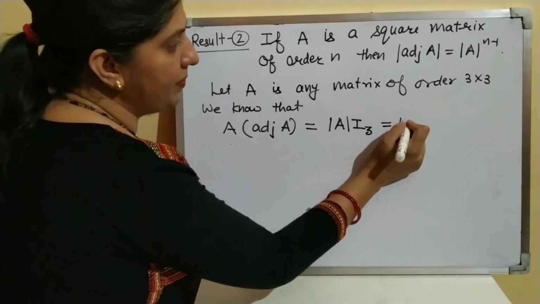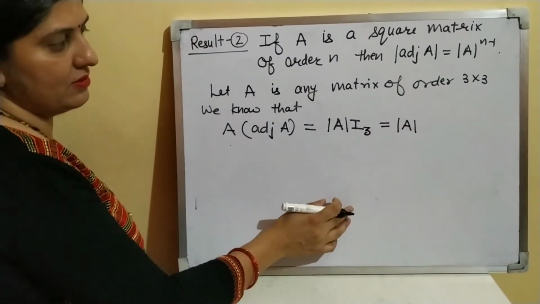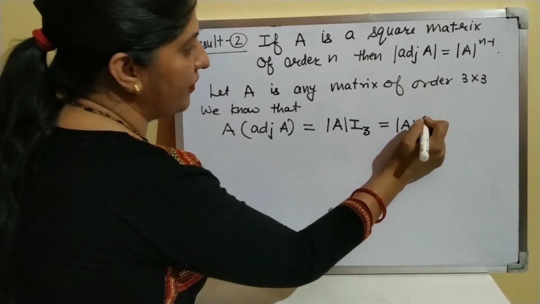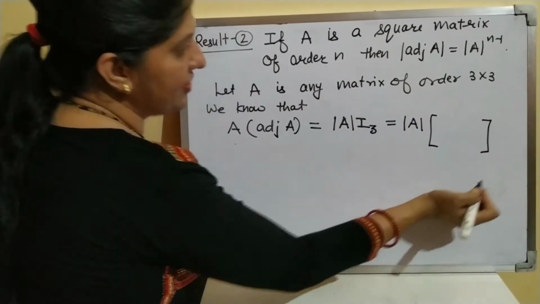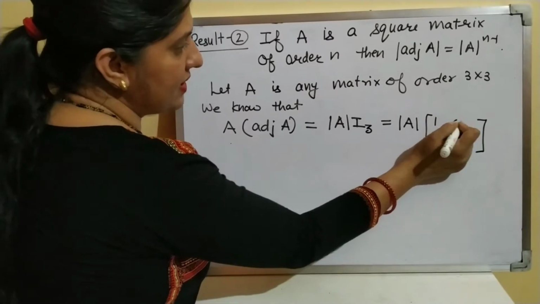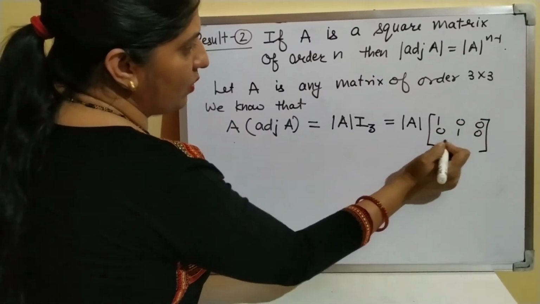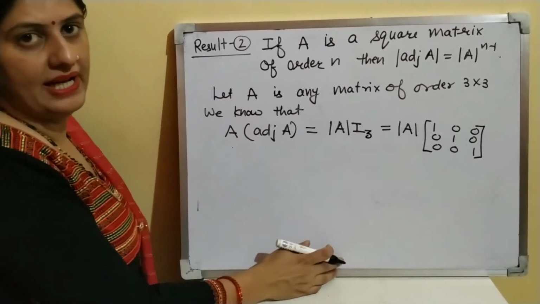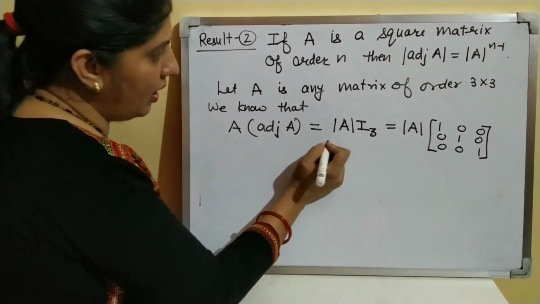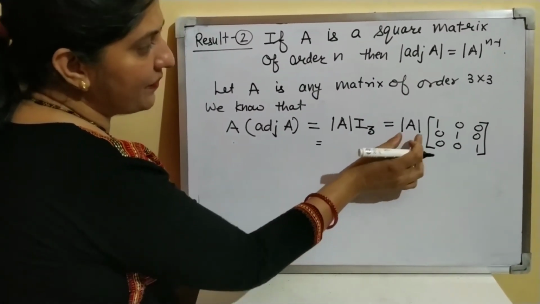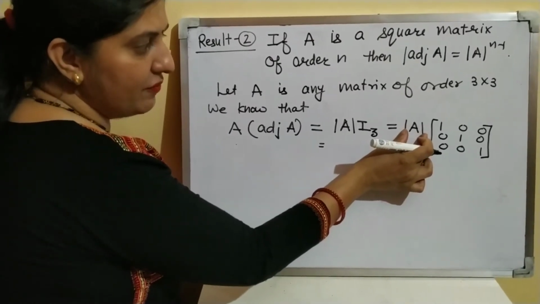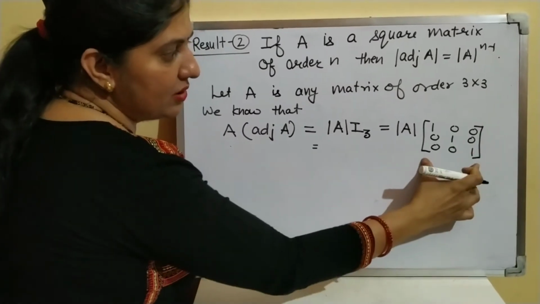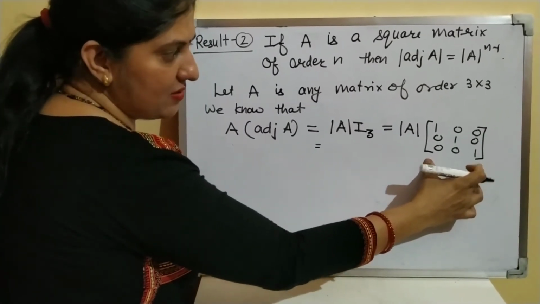Now determinant of A as it is. Put the value of the identity matrix. We know that the identity matrix is [1, 0, 0; 0, 1, 0; 0, 0, 1] of order 3 by 3. Now just multiply determinant of A, which is a single number, with this identity matrix.